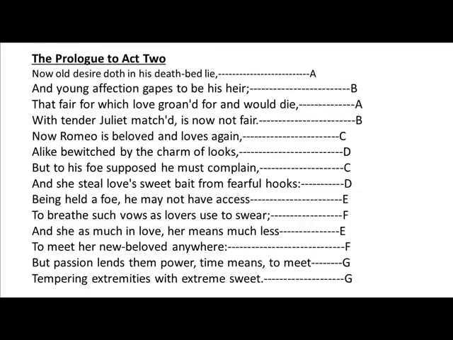Being held a foe, he may not have access to breathe such vows as lovers use to swear, and she, as much in love, her means much less, to meet her new beloved anywhere. But passion lends them power, time means to meet, tempering extremities with extreme sweet.